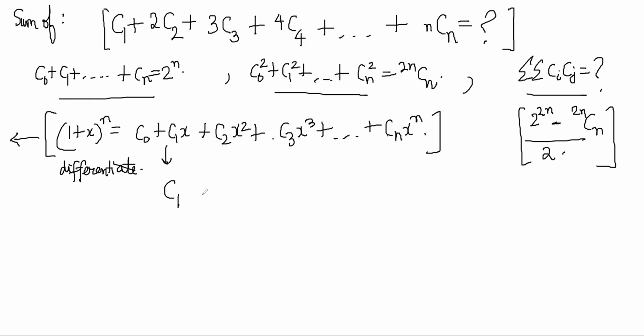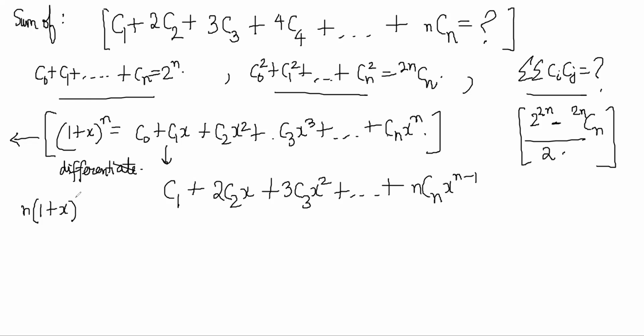This side becomes C1 plus 2C2 x plus 3C3 x squared and so on till n Cn x power n minus 1. And this side differentiation will become n into 1 plus x to the power n minus 1. And now I will put x is equal to 1.